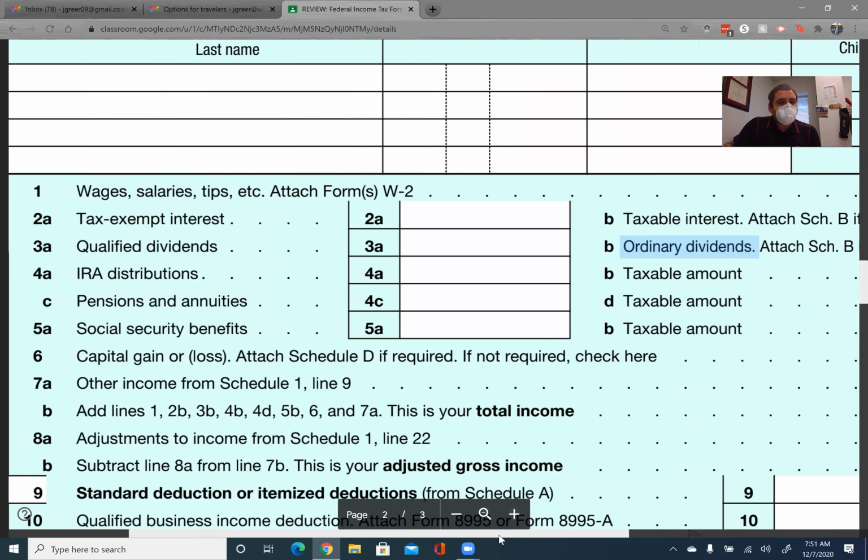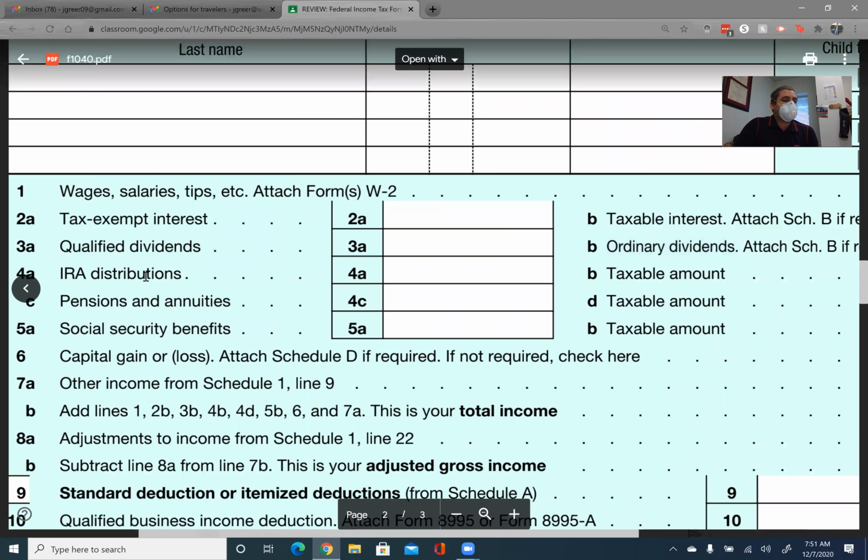Next up, IRA distributions. In our fact pattern, we're going to have people that are making contributions to their IRA, but a contribution is not a distribution, right? What's a distribution? Well, if I were to distribute something to you, what am I doing?